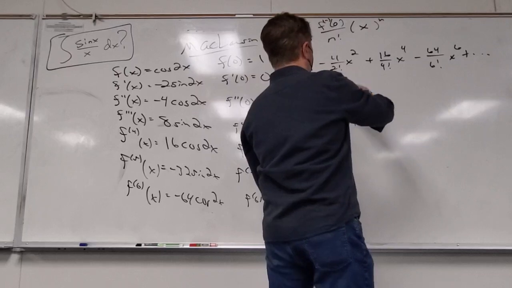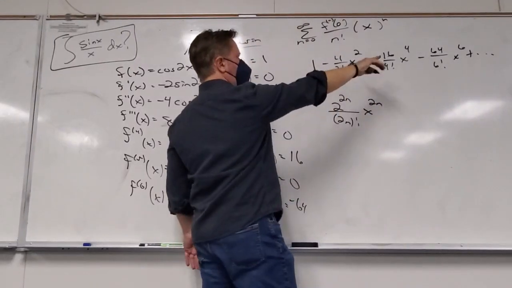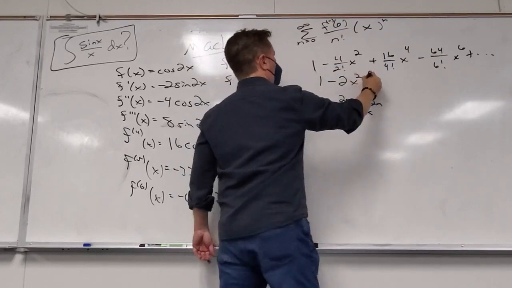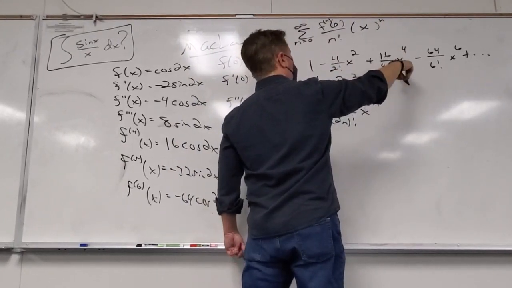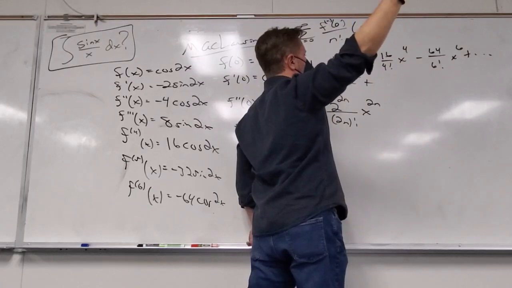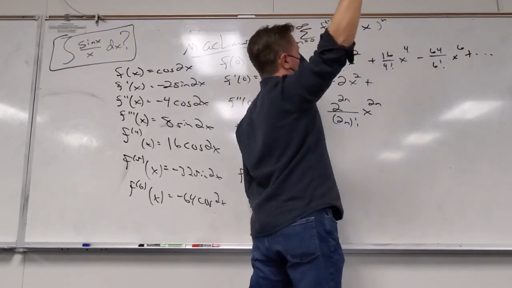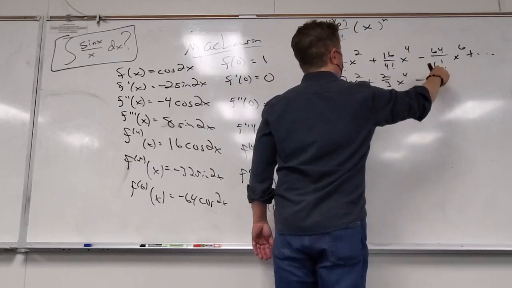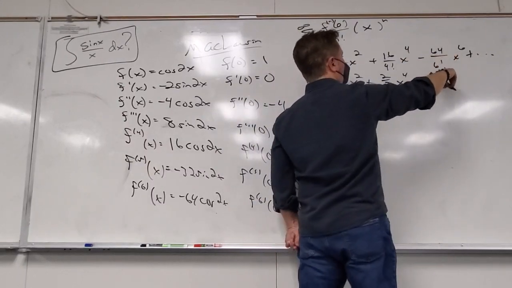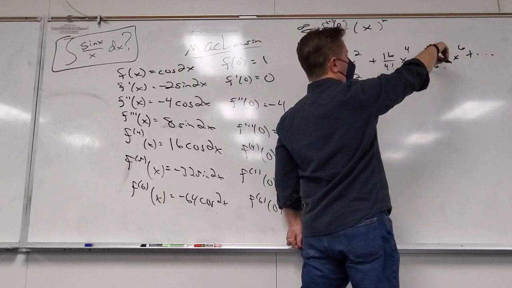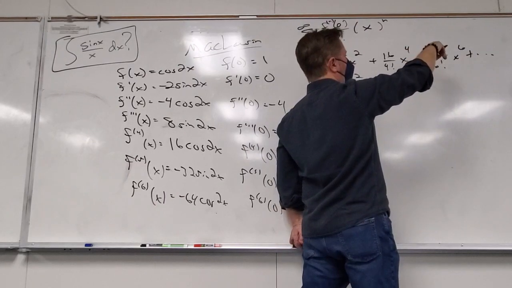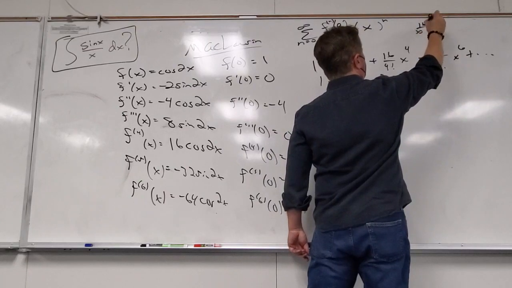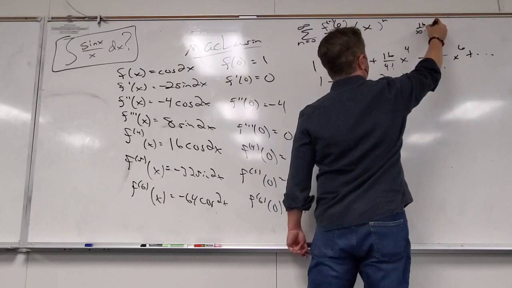And then we can clean this up a little bit. So this is what the nth term would look like, but if I clean this up a little bit, I'll get 2x squared plus, what's 4 factorial? 24, 16 over 24 is 2/3, minus 6 factorial. Let's see, 6 times 5 is 30, 16 over 30, 6 times 5 times 3 times 2.